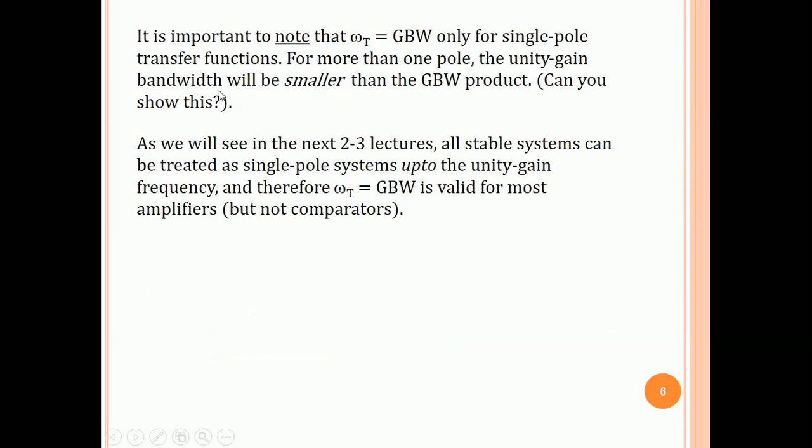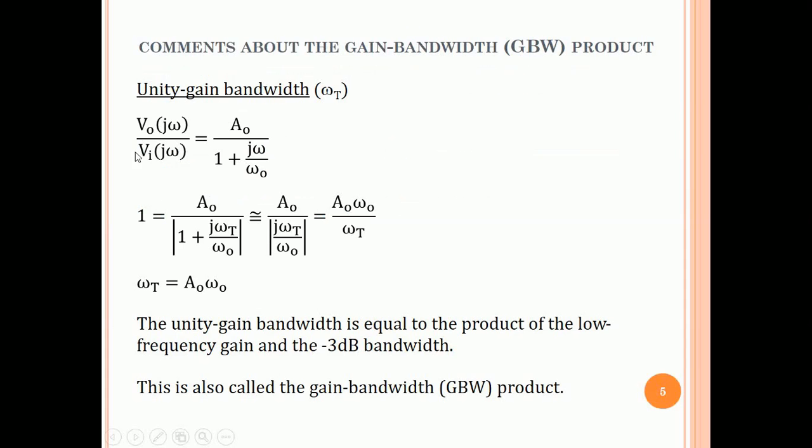Alright, we will see that after maybe 3 lectures or so, that for all stable systems, the single pole approximation of the transfer function is valid up to the unity gain frequency, and therefore any transfer function of an amplifier can be approximately written as this above the unity gain frequency.